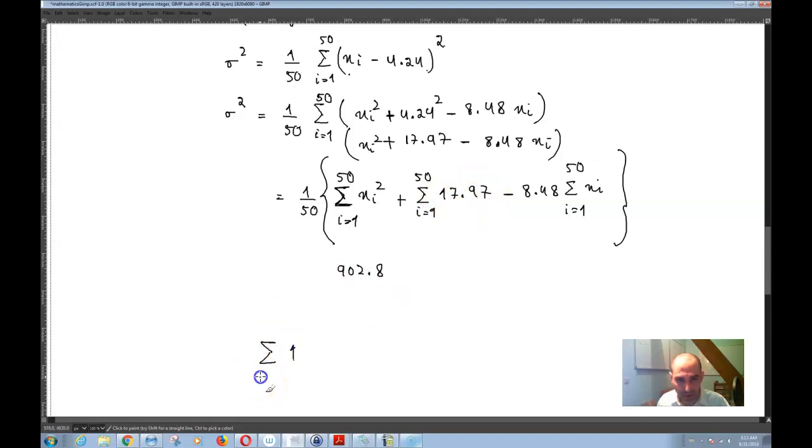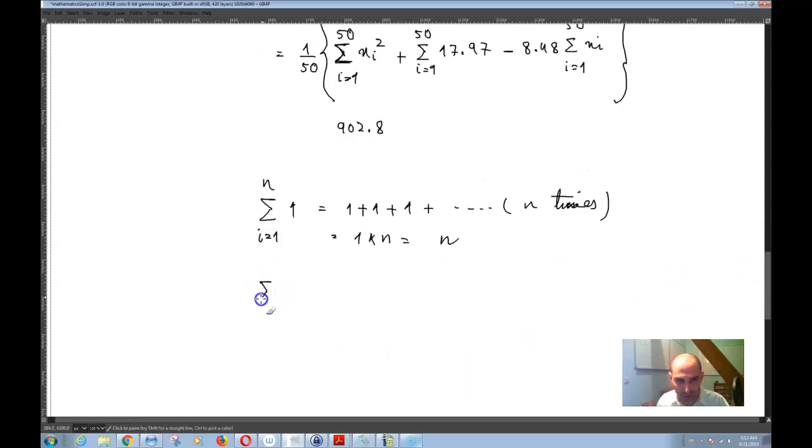For example, sigma 1 as I goes from 1 to n is equal to 1 plus 1 plus 1 plus all the way up to n times. Right? Which is equal to 1 times n, which is equal to n. Now if I write sigma of 1 as I goes from 1 to, for example, 15, that is the same thing as 1 plus 1 plus 1 plus 1, and so on and so forth, 15 times, which is equal to 15 times 1, which is equal to 15.